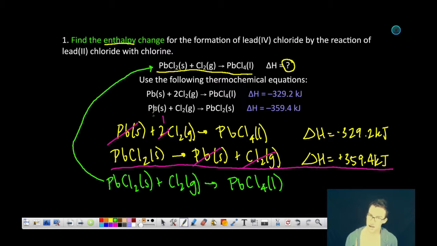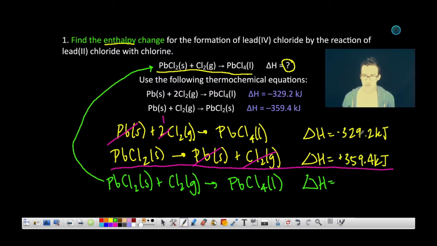Again, note that anything on the reactant side will cancel out anything on the product side in a second equation. Our enthalpy changes can then be summed together to determine the overall enthalpy change of the combined reaction. And for this reaction, we would determine that enthalpy change to be positive 30.2 kilojoules.